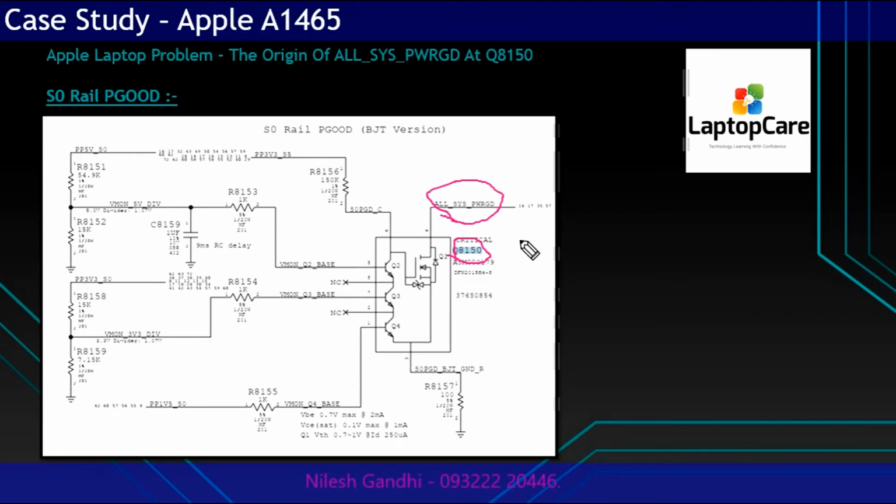To get the desired output, this Q1 MOSFET must be in the off condition. And to put this MOSFET in the off condition, we need to find out how these 3 internal transistors work and how to conduct these transistors so that we get the desired output at pin number 4.